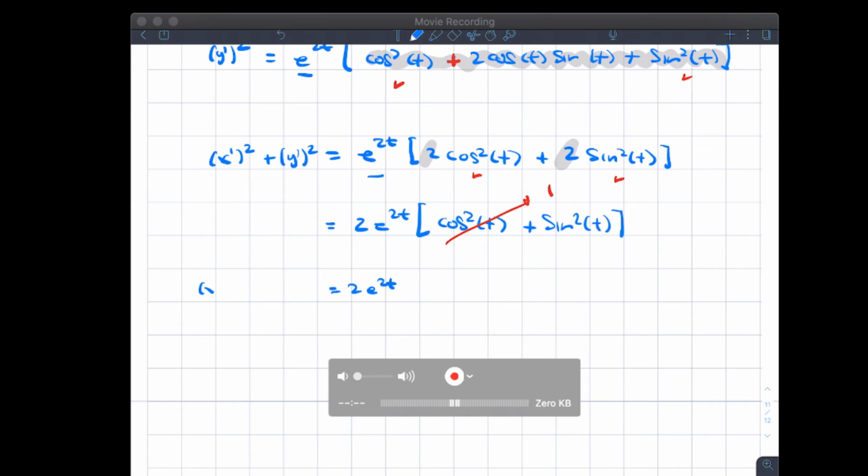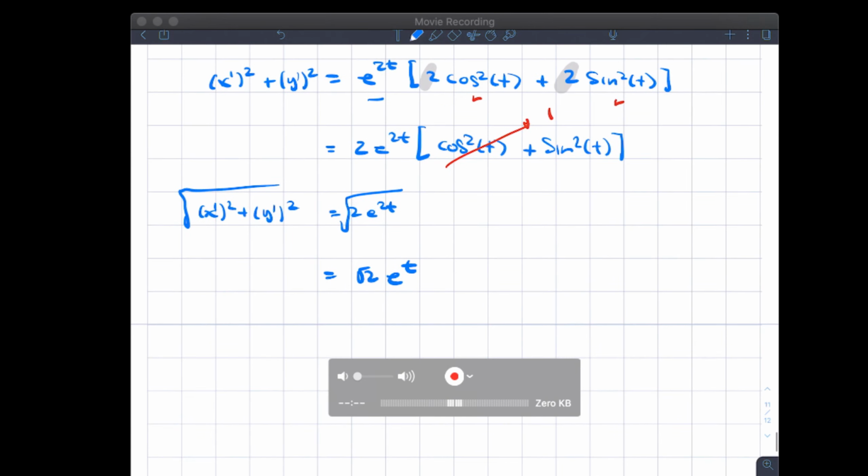Now, don't forget, that was our x prime squared plus our y prime squared. So there's the algebra, and when you take the square root of these, because this is what we need, we get the square root of 2, really, e to the t. Again, using algebra, and you say, oh, what algebra is that? Well, what's the definition, ladies and gentlemen? Isn't this e to the 2t to the 1/2 power? So we can just simply multiply 1/2 and 2 and get that t.